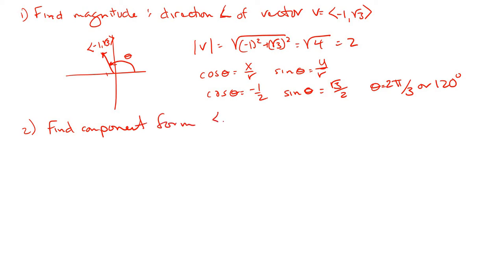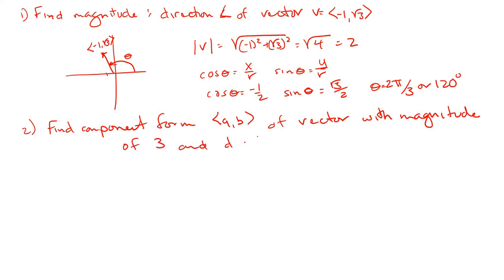Let's find the component form. And the component form is our ⟨a, b⟩ of a vector with a magnitude of 3 and a direction angle of 40 degrees. So let's draw it first, something like this. If that's 3 units, then this is 40 degrees. So I need to find out what point I have here, or what my a, b is.